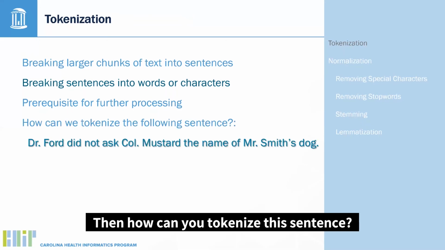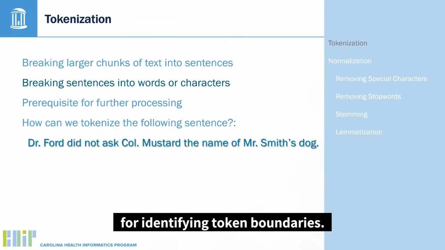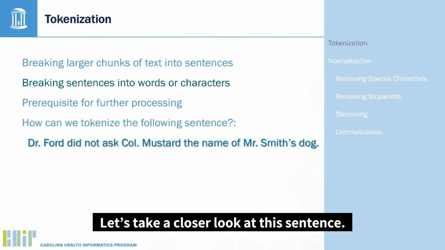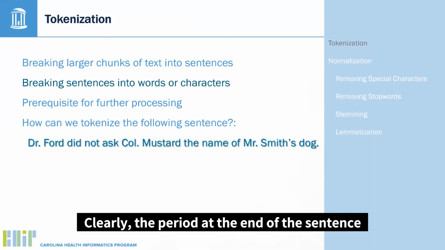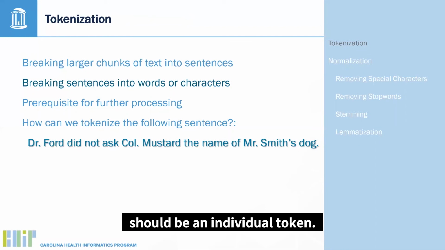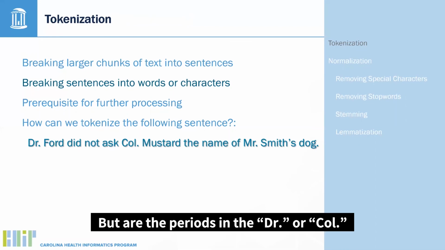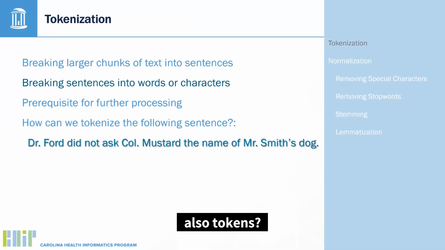Then, how can you tokenize this sentence? There are various strategies for identifying token boundaries. Let's take a closer look at this sentence. Clearly, the period at the end of the sentence should be an individual token. But are the periods in the doctor or colonel also tokens? How about apostrophes?